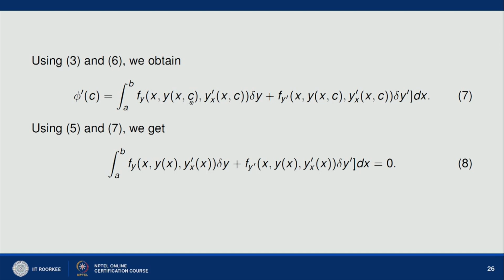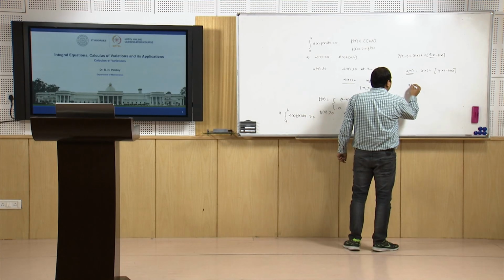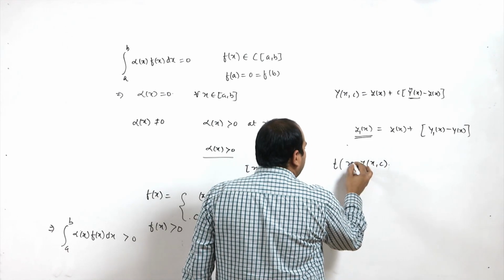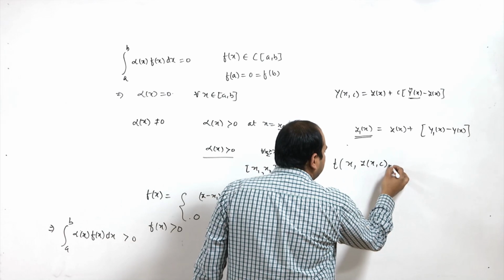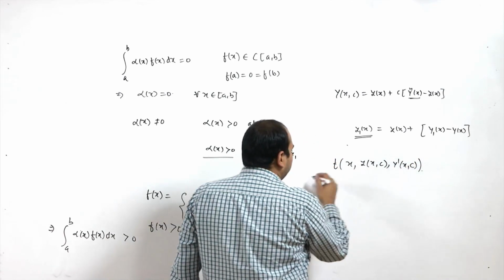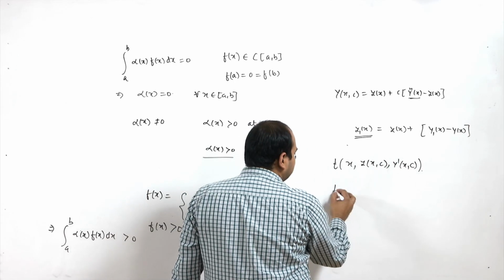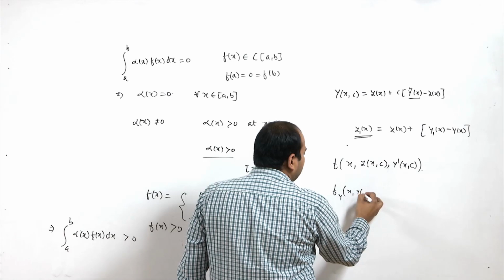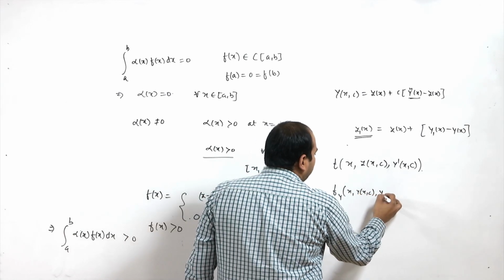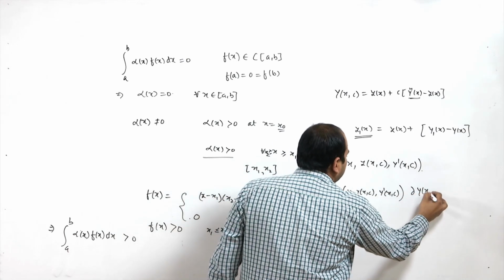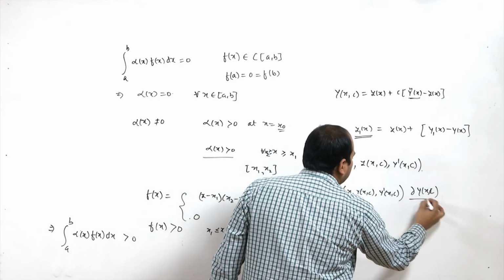If you look at here, you have y of x comma c, and so here we have f of x comma y of x comma c and y dash of x comma c. If you want to find the derivative of this, the derivative will be f of y of x, y of x comma c, y dash of x comma c, and then the derivative of y of x comma c with respect to c.